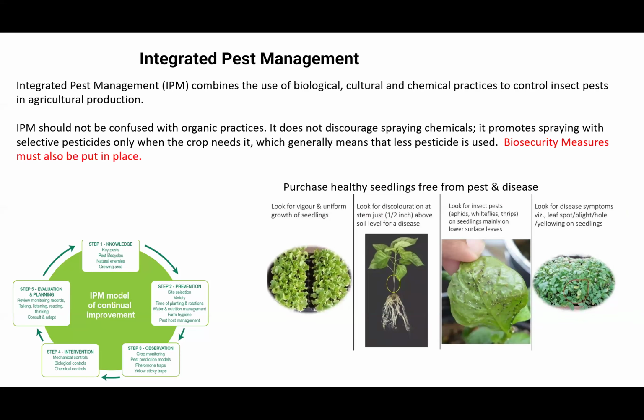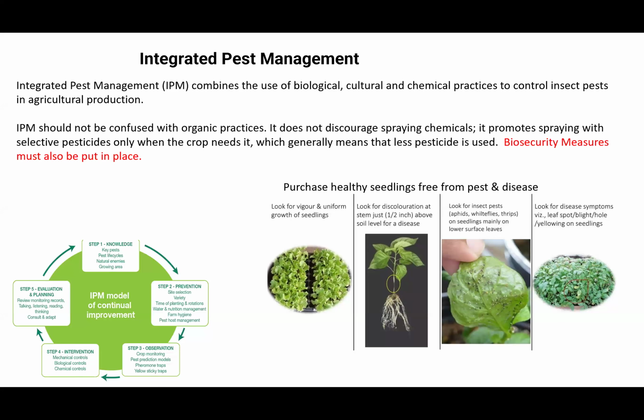So integrated pest management combines the use of biological, cultural, and chemical practices to control insect pests in agricultural production. So IPM should not be confused with using organic practice only, but your first resort should be not using chemicals. If you have a pest on your crop, chemical should not be the first resort. You should do some research and see what's the ideal thing that you can use.